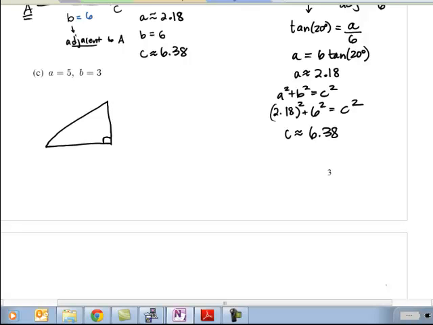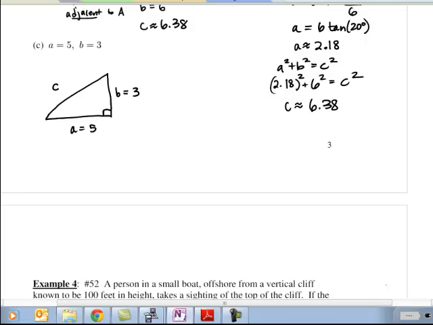The way this is drawn, 5 should be the longer side, so this is my a, and 3 would be the shorter side, so I'm going to label that one b. c we don't know, but we can get it from the Pythagorean theorem because we have 2 sides. So we've got 25 plus 9 is c squared. Looks like c would be the square root of 34.